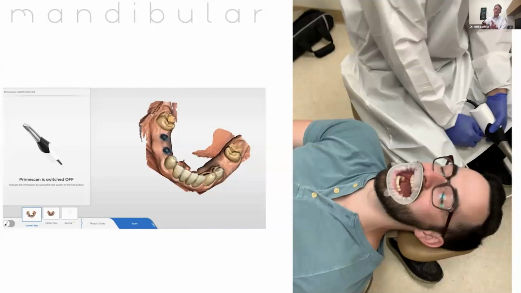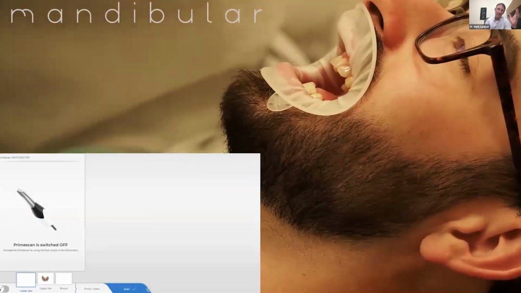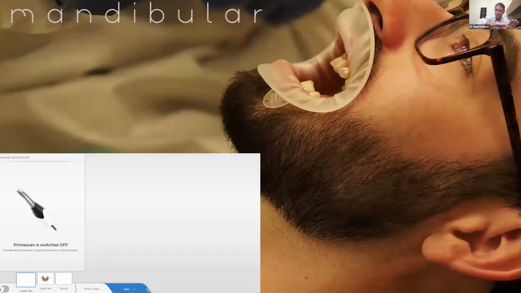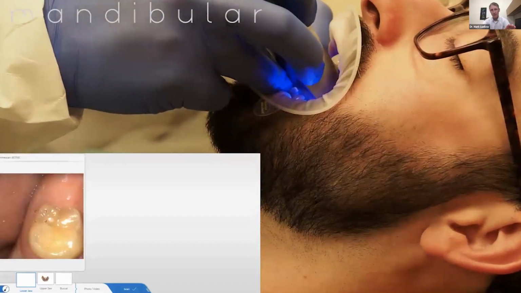Well, what we teach is you start off and go lingual, come back occlusally, then as you go facially, we roll the scanner through the front and do a 180 as you're still scanning to go back the other way. So pay attention to the hand movement from this different view, because this is the easiest, quickest way to maintain it. It's just a 180 kind of fan through the front.